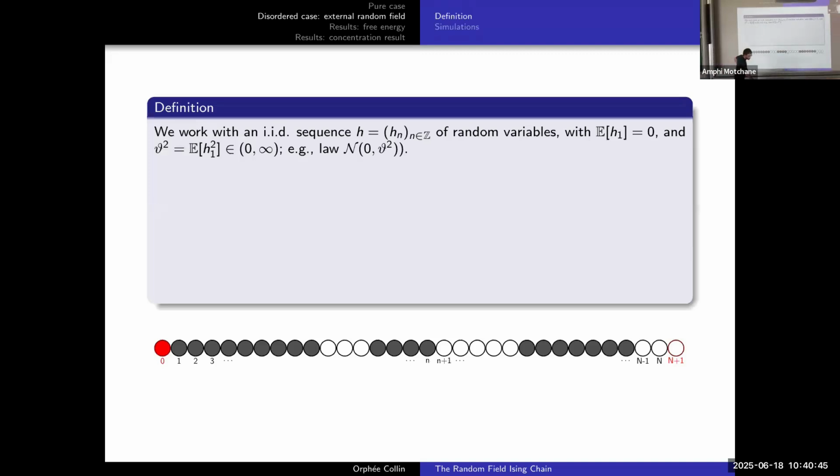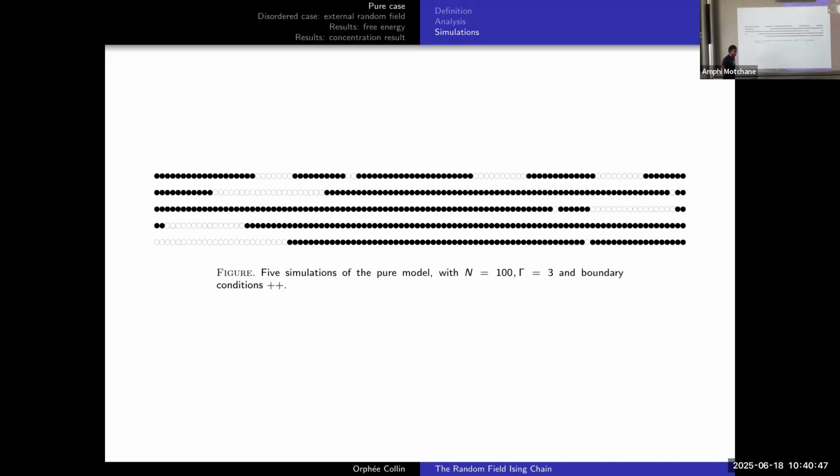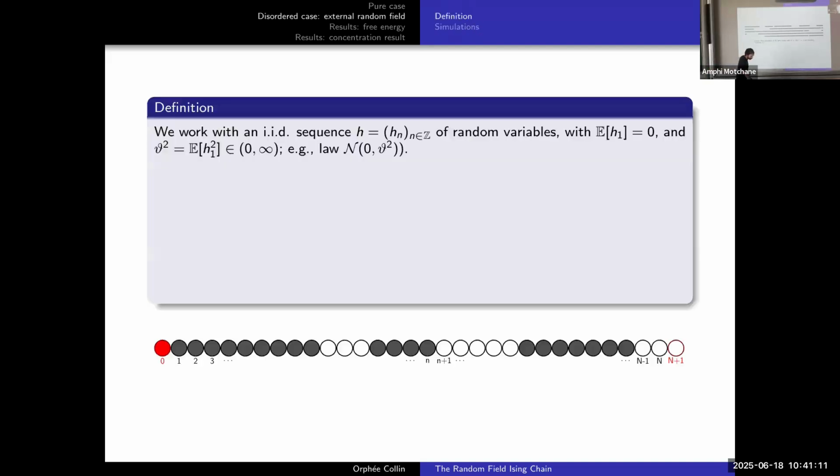Okay, so this is very well understood and simple. But now the philosophy of disordered systems is to ask whether adding a bit of noise changes the behavior of the system. In this context, adding a bit of noise will be adding an external field which acts on each of the sites.